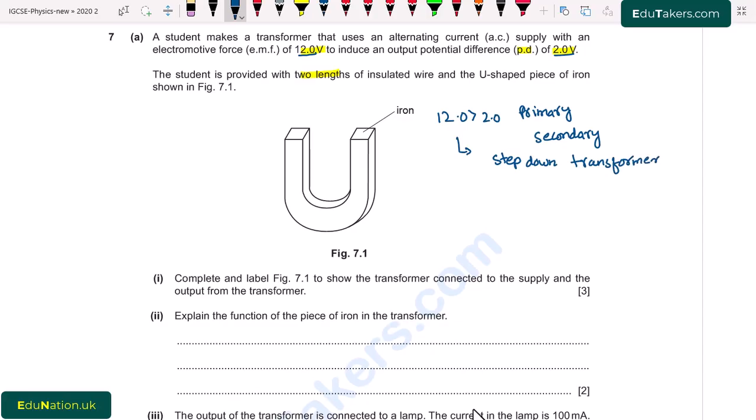In a step down transformer, the number of turns in primary is larger as compared to the number of turns in secondary. So I will draw it.